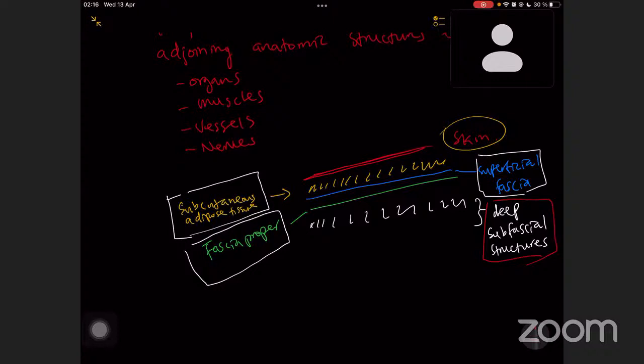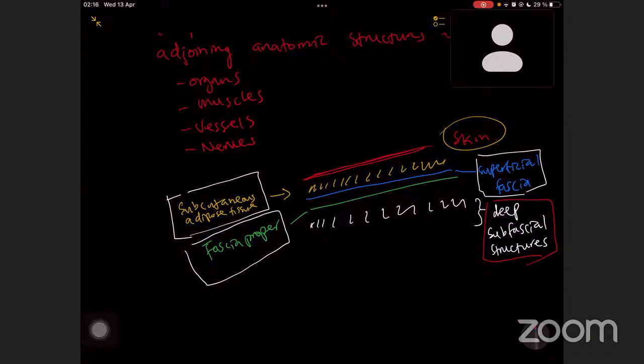So you have the skin, subcutaneous adipose tissue, superficial fascia, fascia proper, and then the deep subfascial structures, meaning the deep structures beneath the fascia proper.